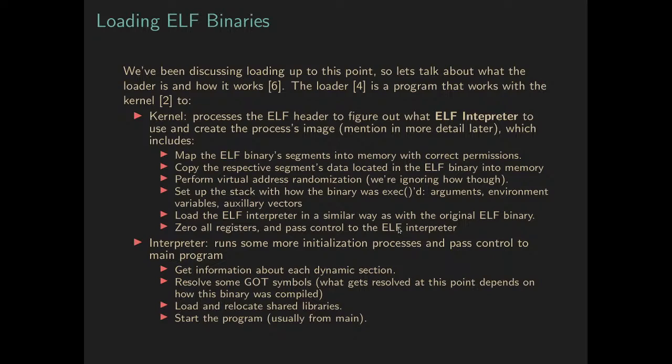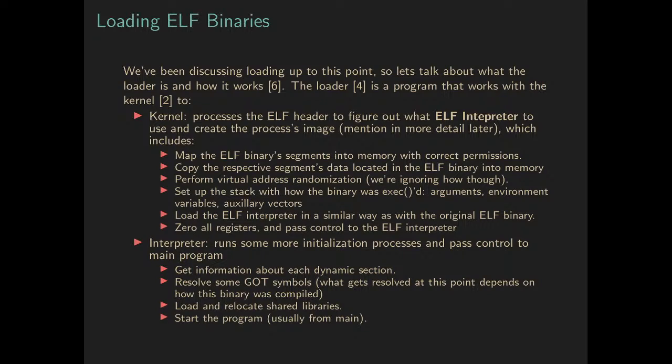Basically, first of all, the kernel uses the program header to load in the ELF binary. It passes the arguments and the environment variables, and then it passes control to a program called the ELF interpreter.